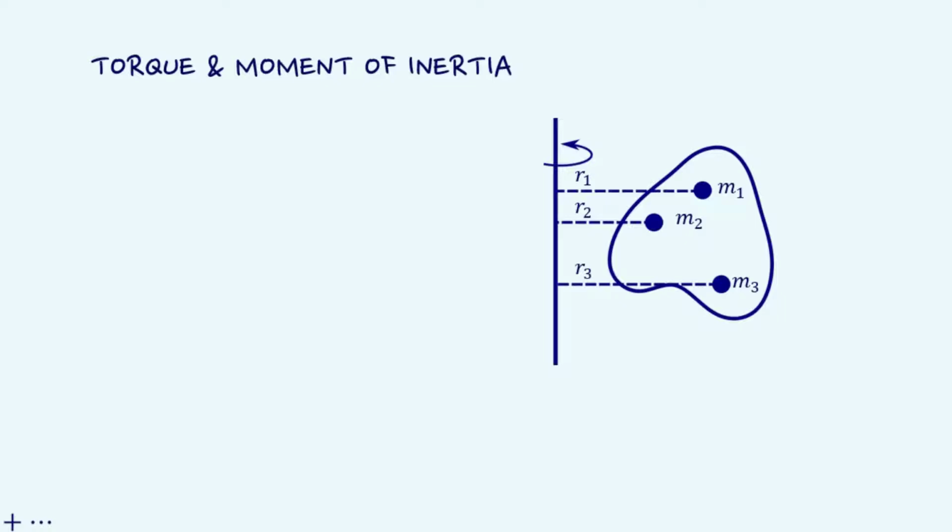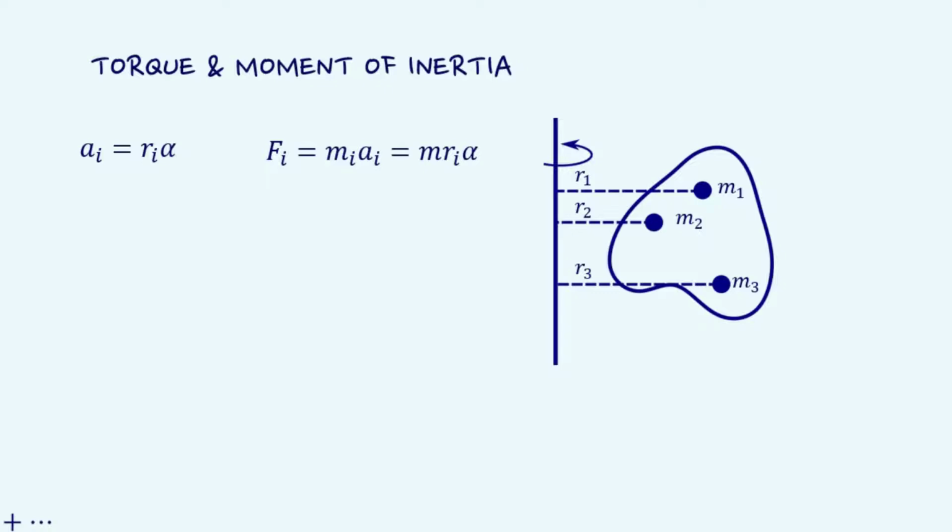If we focus on any particular particle, say the ith particle, then the linear acceleration of the particle can be expressed as a_i equals r_i times alpha. If F_i is the net external force acting on the ith particle, then F_i equals m_i a_i, which is m_i r_i times alpha.